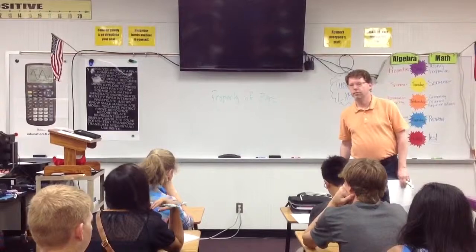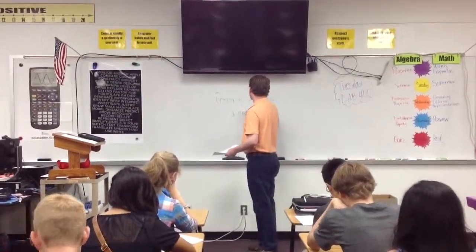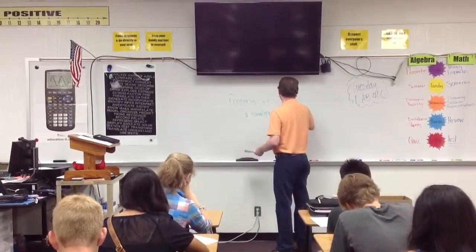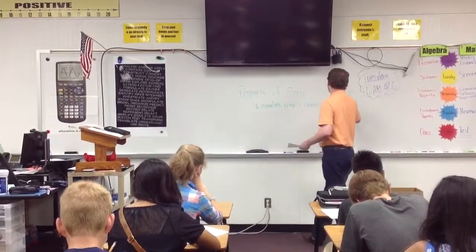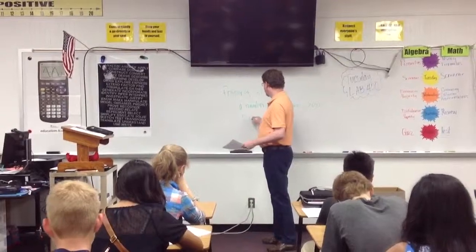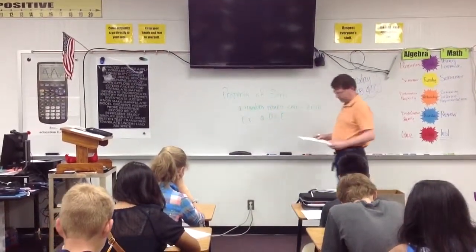A number times 0 is 0. Absolutely. A number times 0 equals 0. Our example would be A times 0 equals 0.